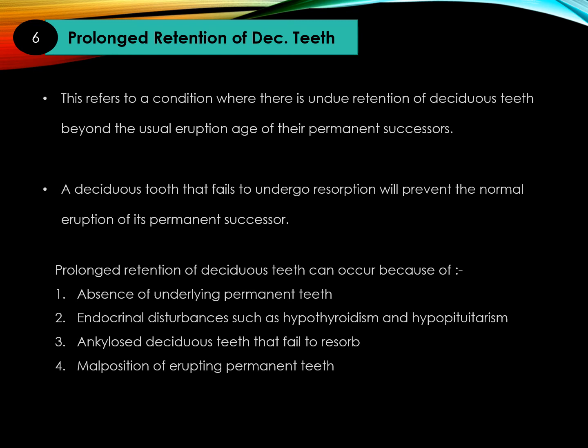The malposition of the erupting permanent tooth or teeth or the germs of them can also cause the retention of these deciduous teeth, as they do not exert an inherent pressure on the roots of deciduous teeth, and there won't be any resorption, and thereby these teeth are retained indefinitely.